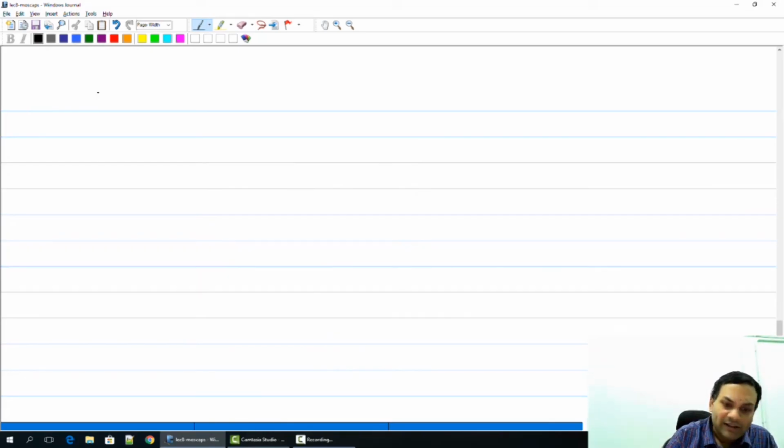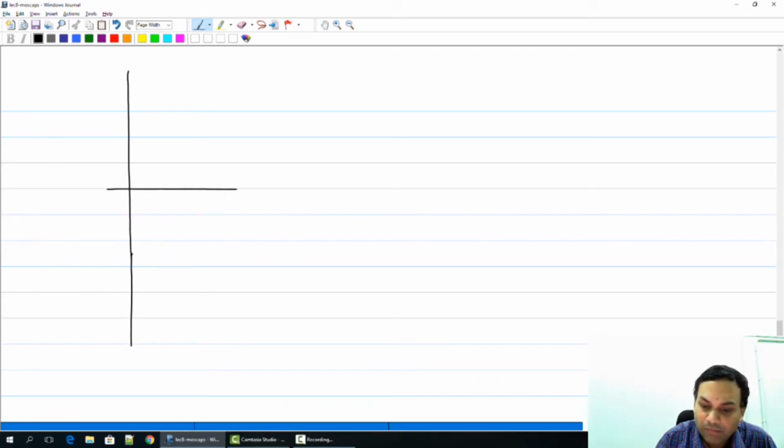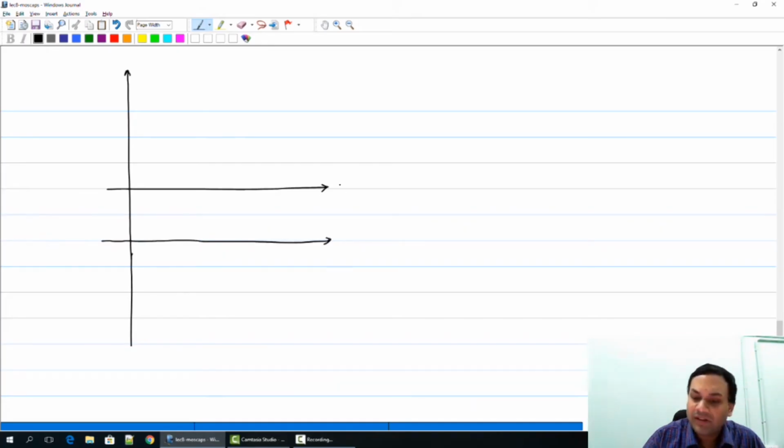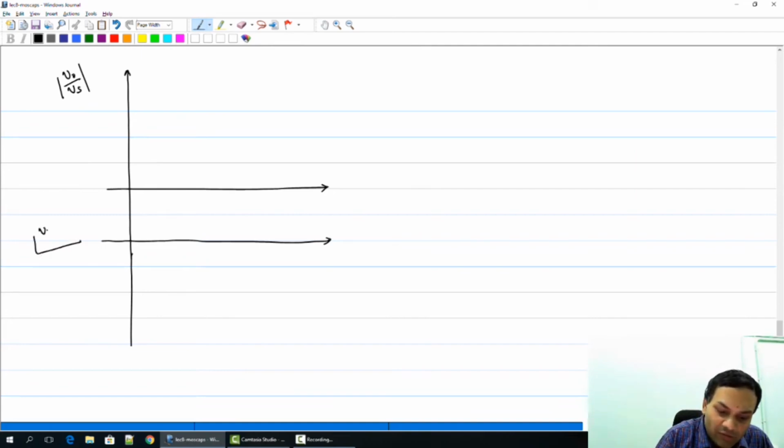So if I were to draw the magnitude and phase response of the circuit, so I am going to plot VO by Vs, magnitude, and the angle of VO by Vs. At very low frequencies, which I am going to draw in black, or rather without the capacitances, the circuit looks ideal.